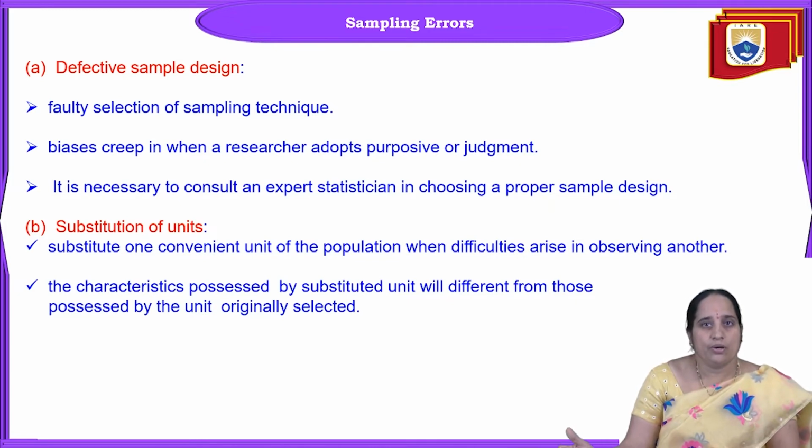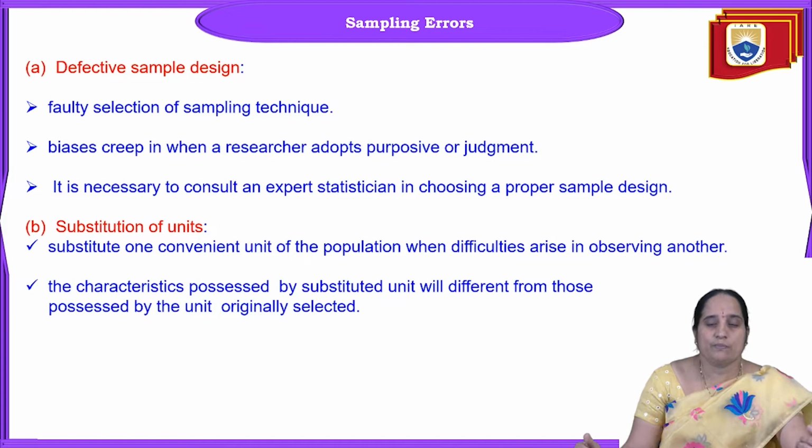To avoid these types of sampling errors, it is always essential to approach people who have expert knowledge in that area, and based on their suggestions or guidance, we can select a proper sample design so that we can reduce defective samples in the research study. That is how one can minimize the sampling errors.